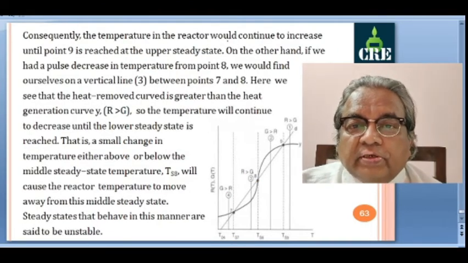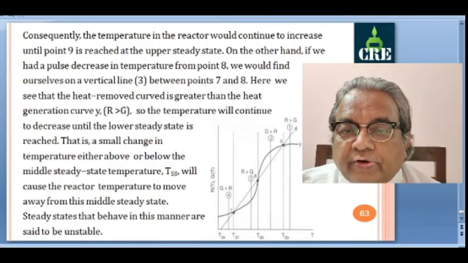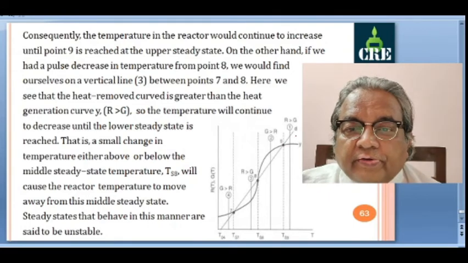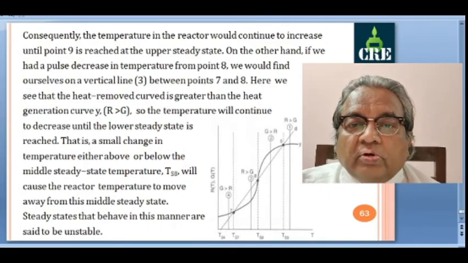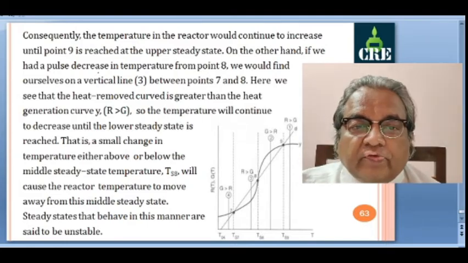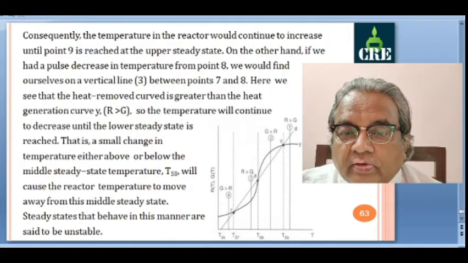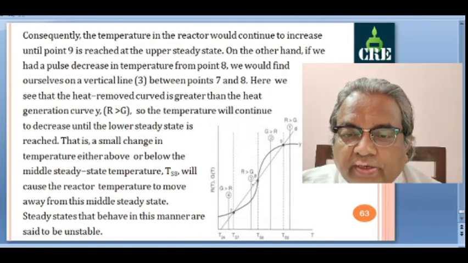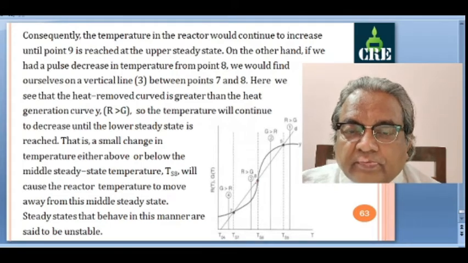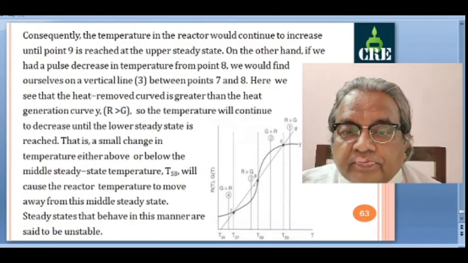Similarly, the temperature in the reactor would continue to increase until point 9 is reached, this point. So 9 means you have reached the upper steady state. Now on the other hand, if you had a small pulse decrease in temperature from point 8, what will happen?